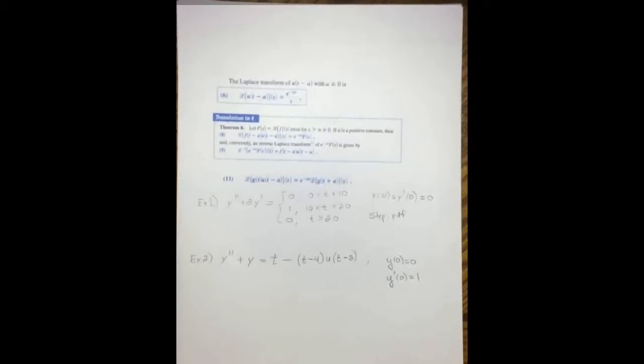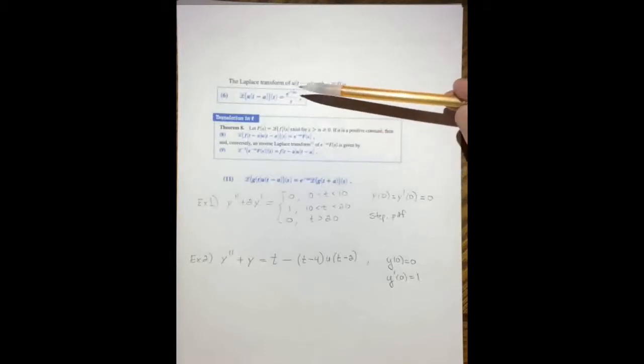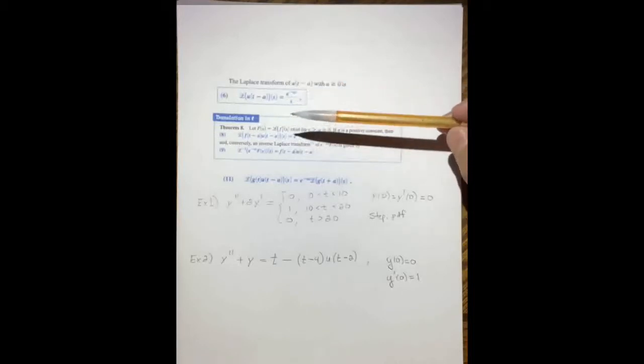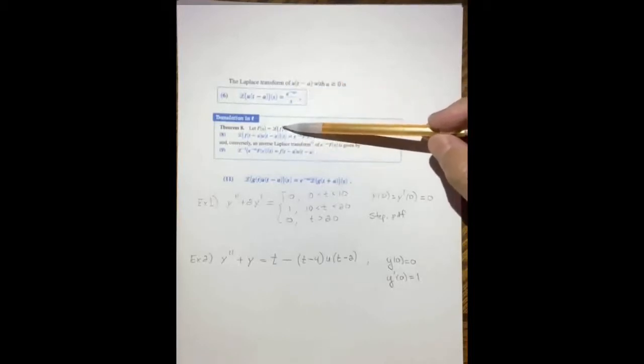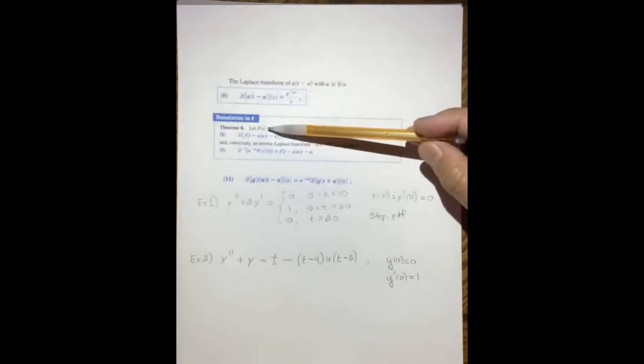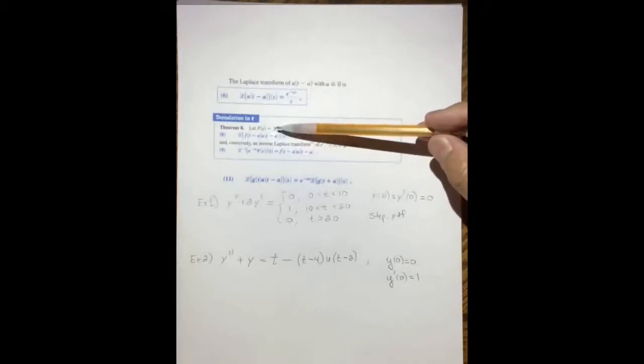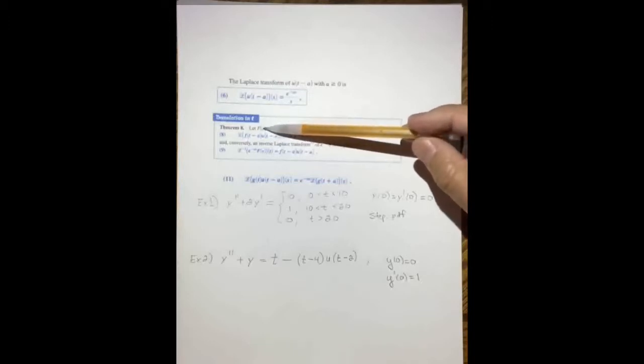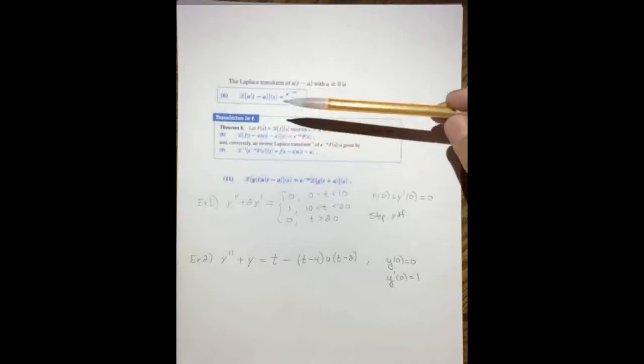Now, we're going to need these results from the textbook. The Laplace transform of the unit step function is e to the minus as over s. If you let the Laplace transform of f of t be F of s, you look this up in the table, whatever f of t is, and that's going to be your function capital F of s.